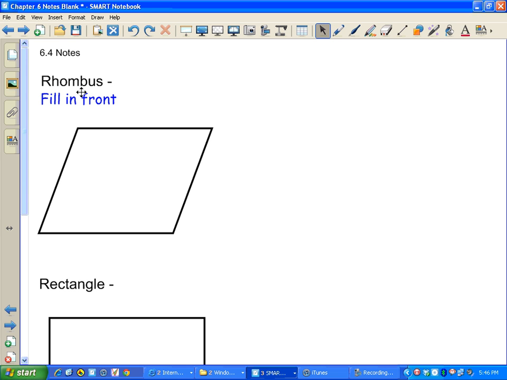So what we're going to do is we're going to be putting a lot of information for each one. Okay, and then we'll fill in our front side. Okay, a rhombus, the definition of a rhombus is a parallelogram. Okay, so that means it's going to have all the properties of parallelograms.